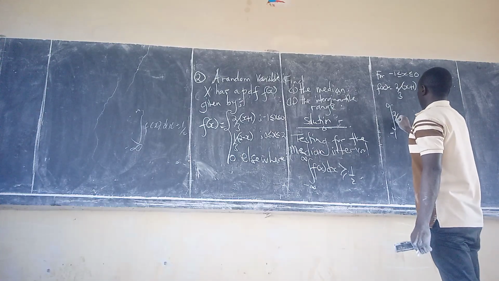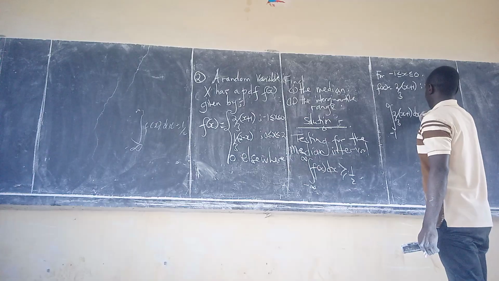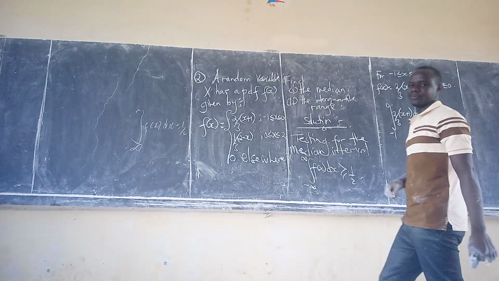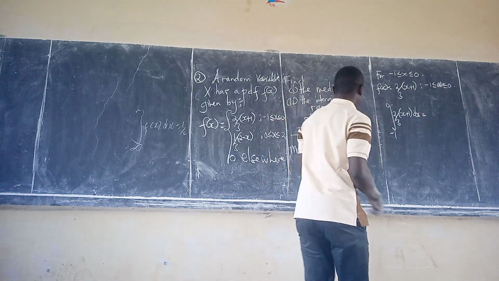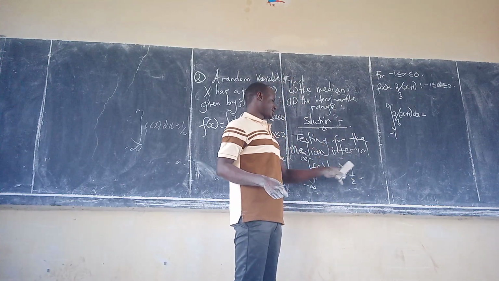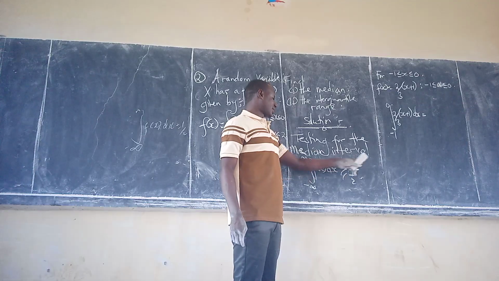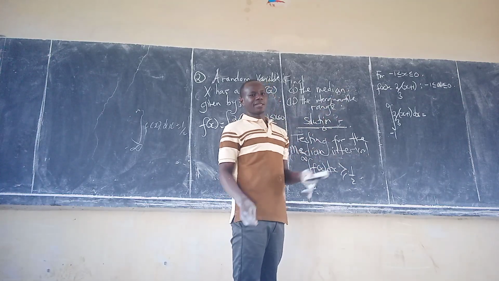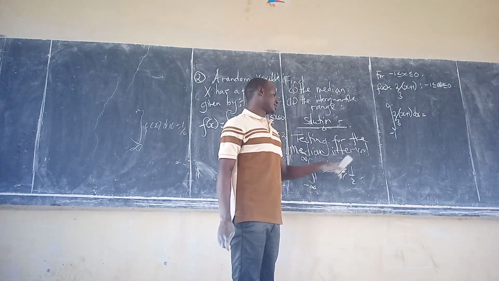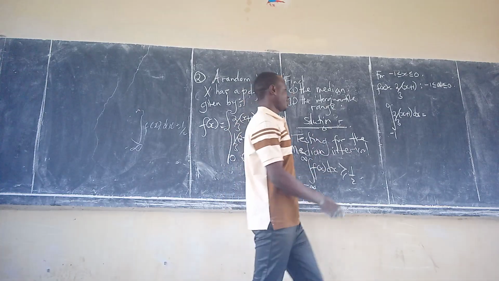So it is the integral of 2/3 into x plus 1 dx. You want the result. Then after getting that result we shall check whether it is either less or greater than a half. And if it is greater than a half, it means the median will be lying there. If it is less than a half, it means the median is not there.